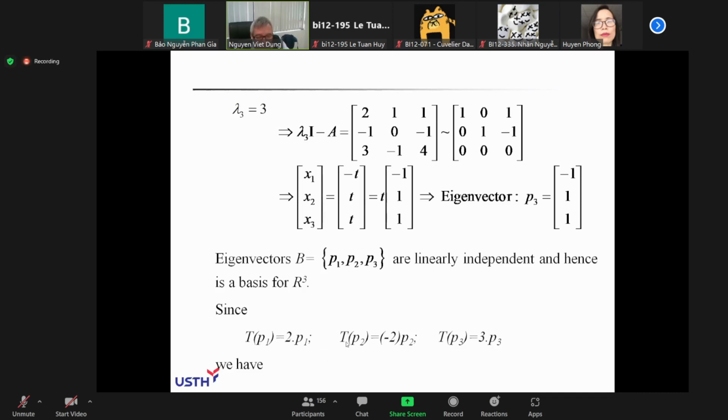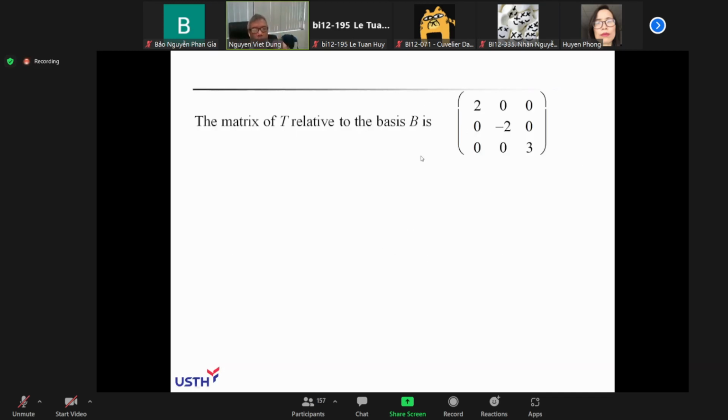The coordinate of T P2 will be 0, minus 2, 0. And the last one will have the coordinate 0, 0, and 3. Now, if we put them side by side, you will get 2, 0, 0, 0, minus 2, 0, and 0, 0, 3. That is exactly the matrix of T relative to the basis B. It is already diagonal.